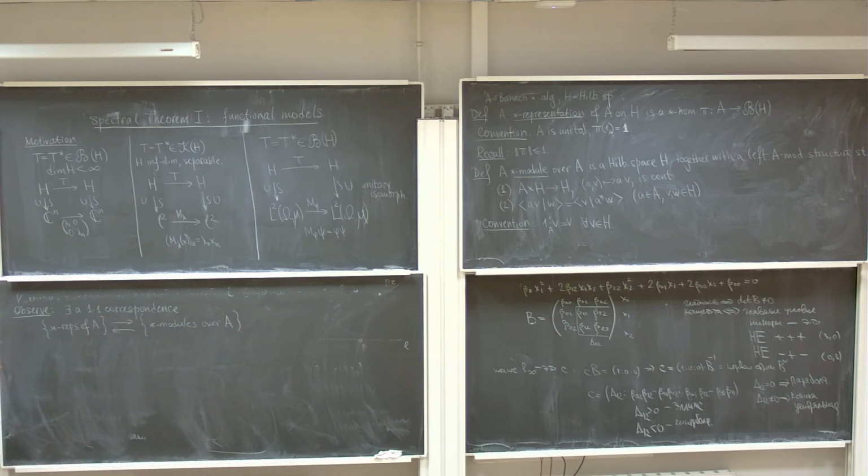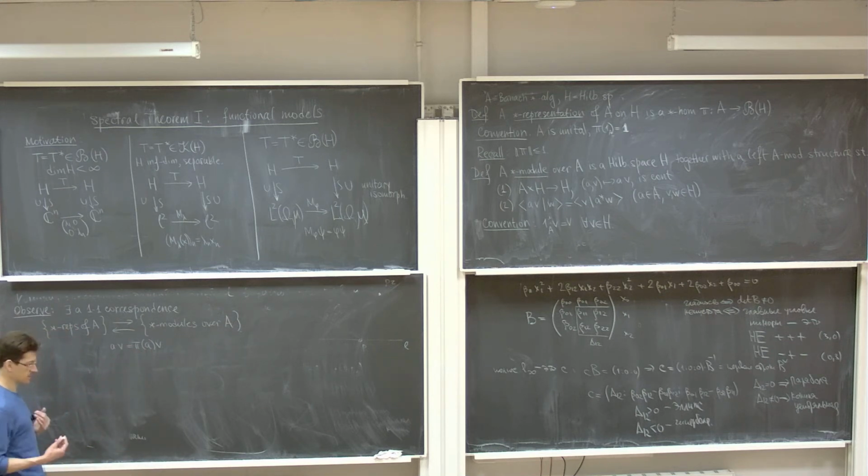More exactly, if we have a star representation pi, then we can define an A-module structure on H by the following formula. We take the operator pi of a and act on v.